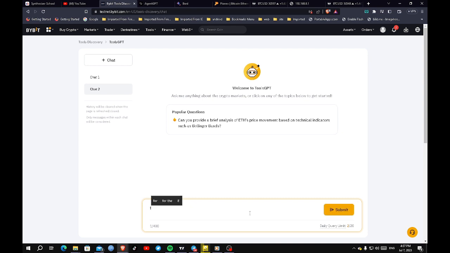Give me low cap altcoins, look up altcoins on Bybit that will 100x during a bull market.